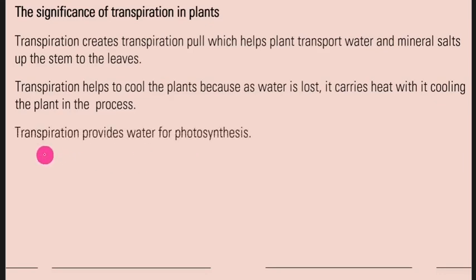Then transpiration also provides water for photosynthesis. As water is being sucked up, it is used for photosynthesis. Then transpiration creates the water cycle, and this water cycle is very, very important for rain.